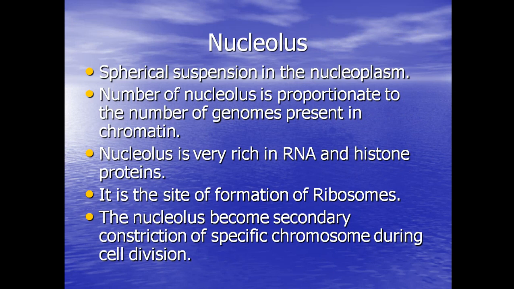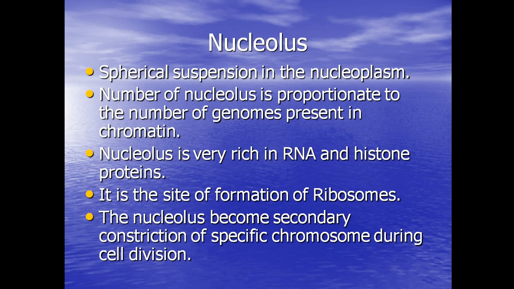Now, how many nucleoli can you expect? The number of nucleoli is proportionate to the number of genomes present in the chromatin. That many nucleoli will be there, but generally it is one.